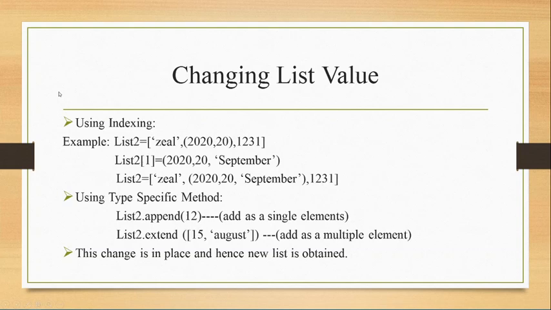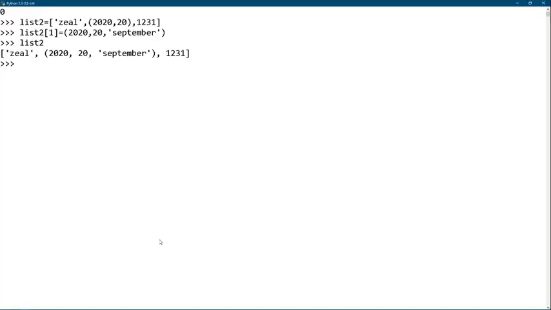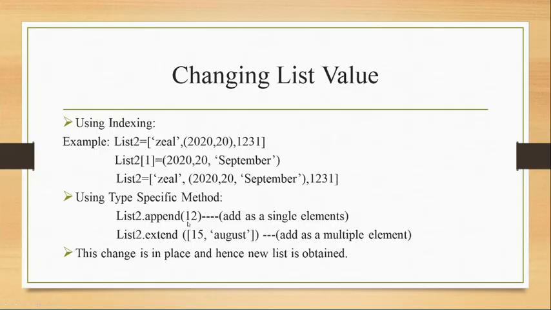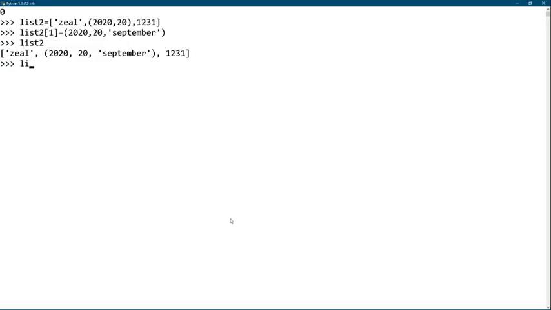Using type specific methods like append and extend, we can also change the value of a list. When we use append, the element which is mentioned will be considered as a single element, and for extend, the elements are added as multiple elements. For example, in list 2, if I have to append elements like 1, 2, it will be considered as one single element.